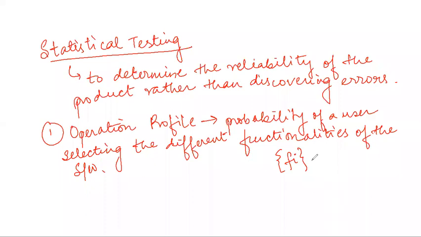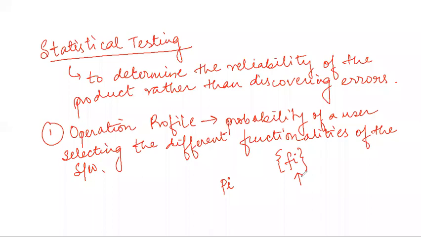The operational profile would associate with each of these functions Fi the probability with which an average user would select a function from this group as the next function to use. In simplest terms, we can think of it as assigning a probability value to each functionality of the software.